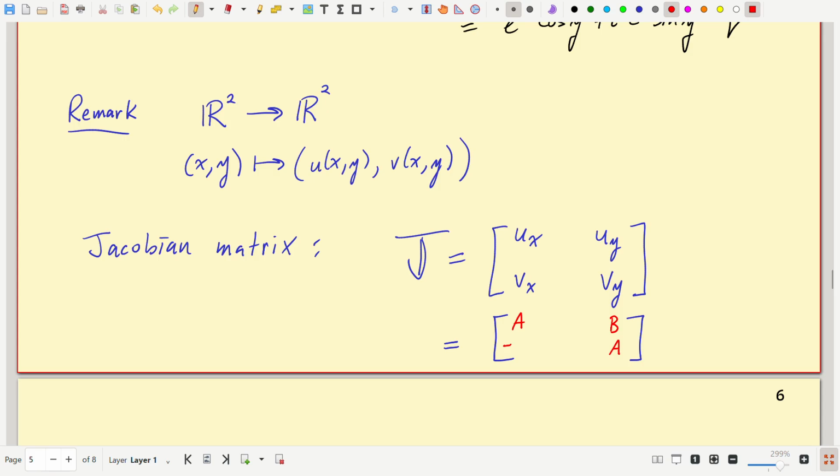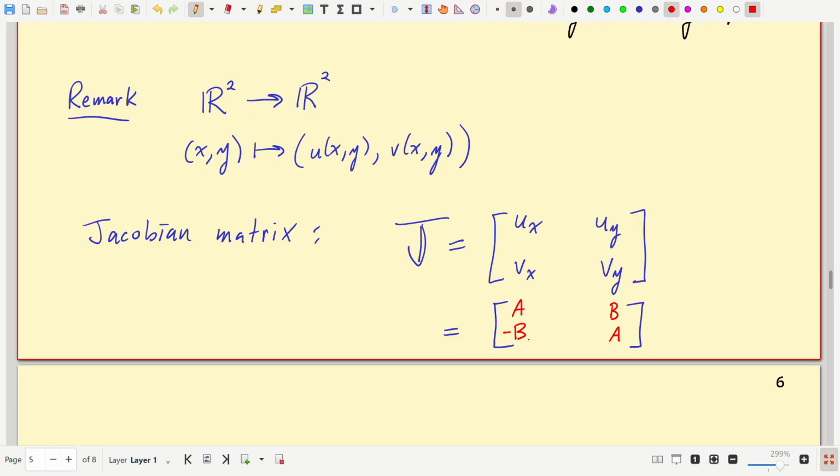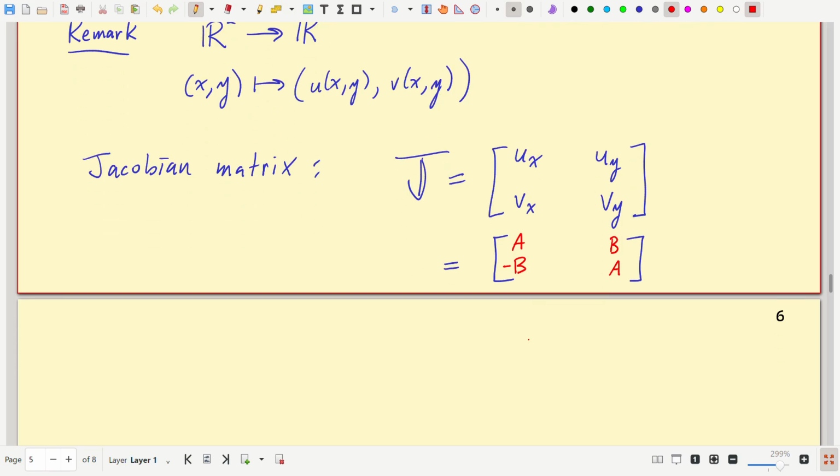So make this a minus B. So it means when the Cauchy-Riemann equations hold, this Jacobian has a special form. And of course, the Jacobian matrix represents a linear function from R2 to R2.